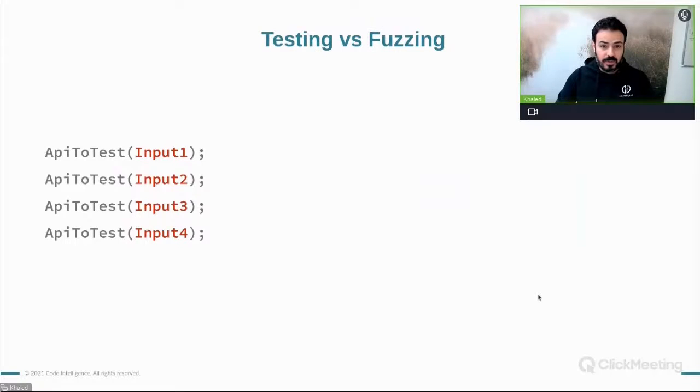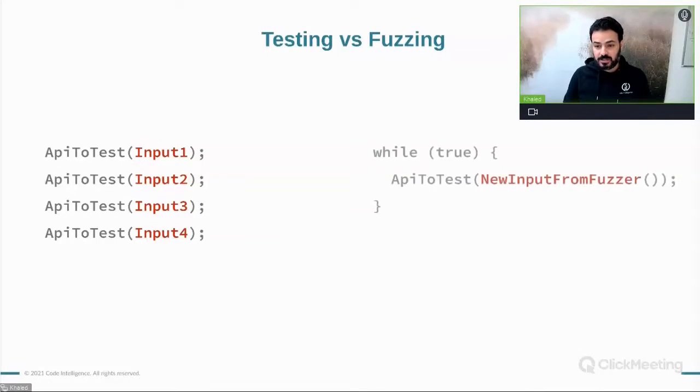From a developer point of view, you can think of an analogy between unit testing and fuzzing. When we write unit tests, we execute or call the API that we'd like to test with a specific set of inputs, and then we check some conditions that need to be satisfied. With this, we can test different variants of what can happen with the API.